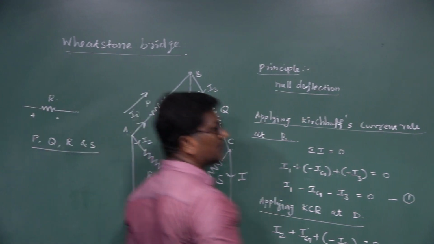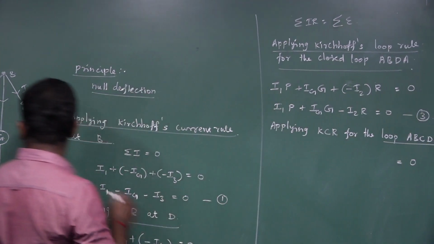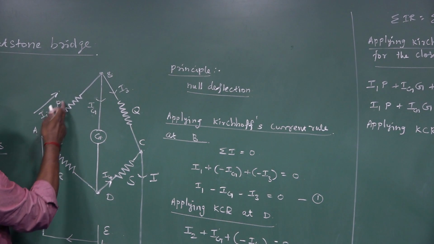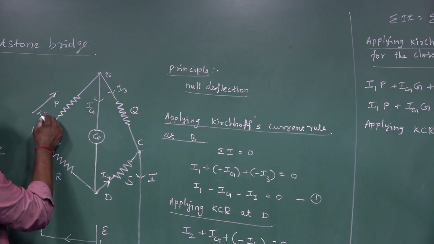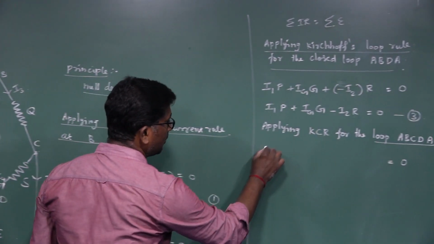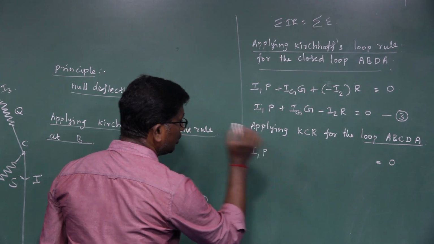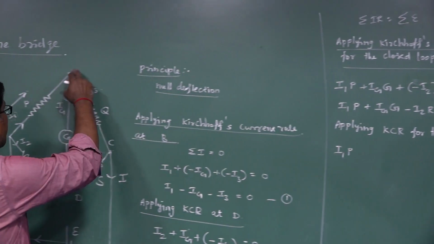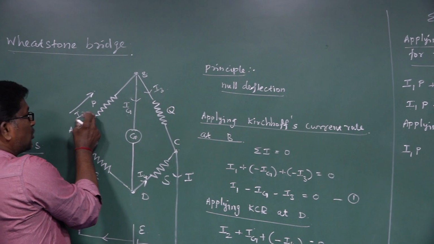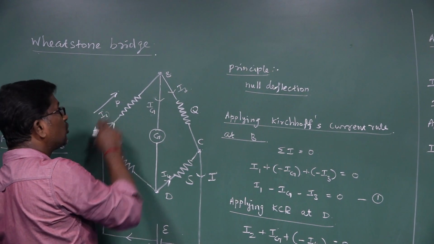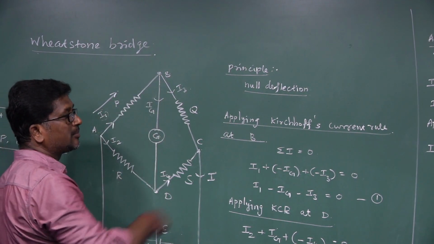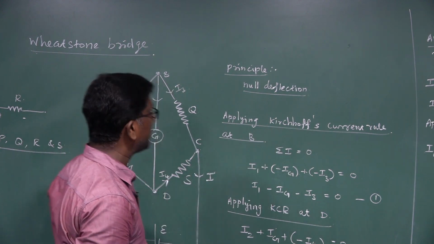Right. First A to B. A to B, I1 current is flowing through P. So product I1 into P. Here the assumed direction is A to B and the actual direction of current I1 is also A to B. So it should be taken as positive. So that is why I1 into P. Right.